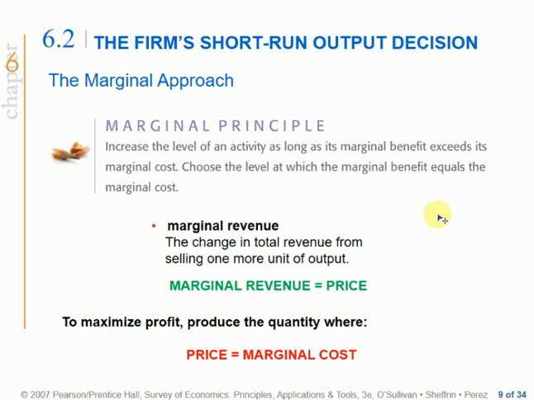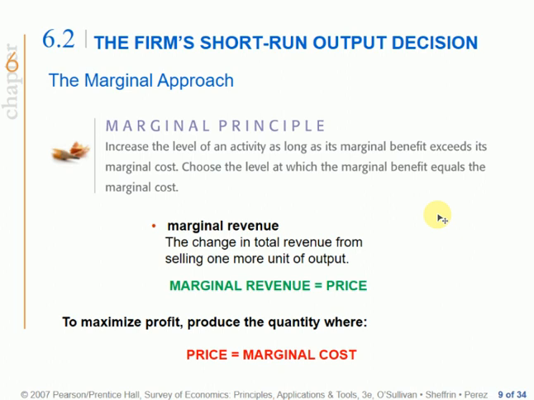But it should always be clear also that when it comes to output decisions, whatever the market structure is, whether perfect competition, monopoly, oligopoly or monopolistic competition, the principle is always the same. We apply the marginal principle in order to find the optimal quantity that maximizes the firm's profit.